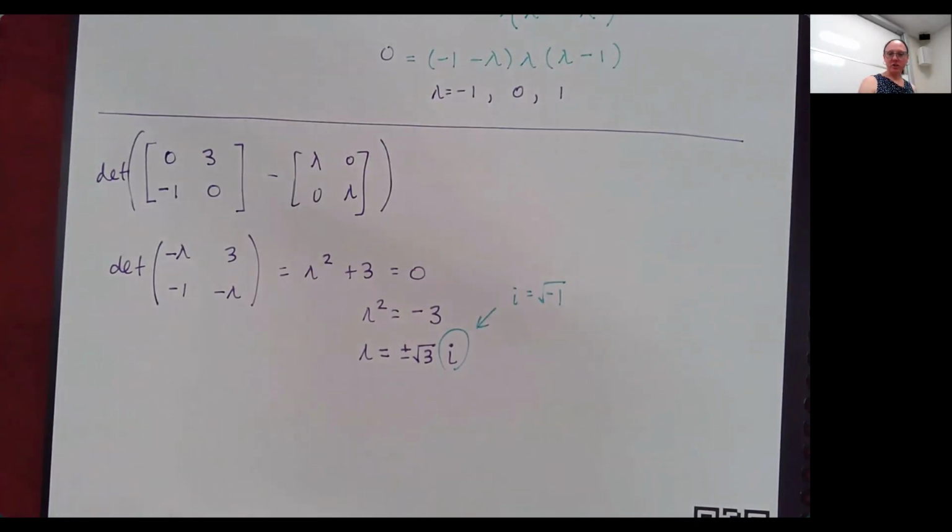I haven't actually tried to see on the homework. I know there are problems that are asking you about complex eigenvalues. So that one looks like it's going to have complex eigenvalues.